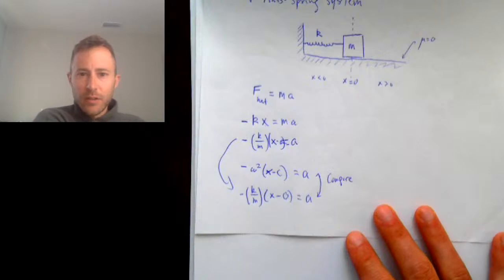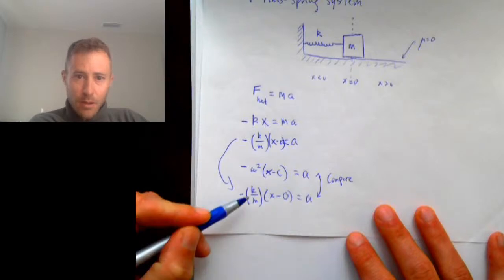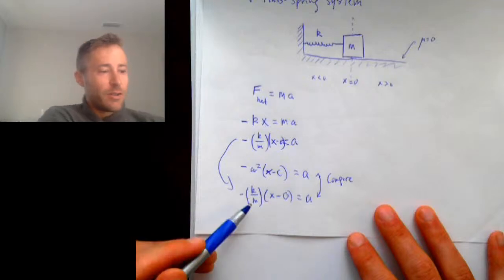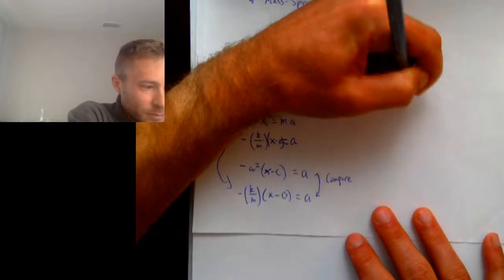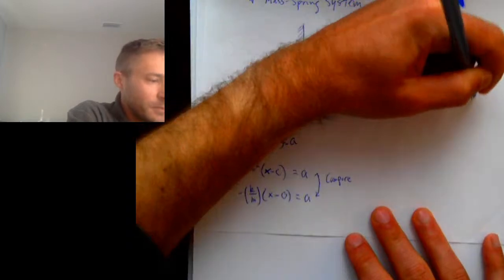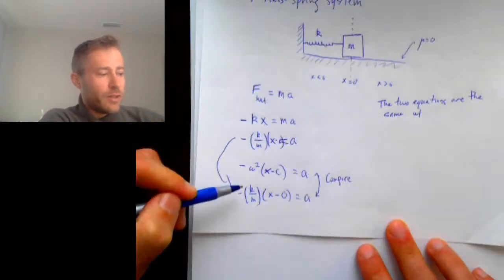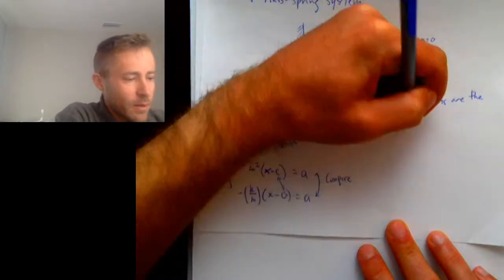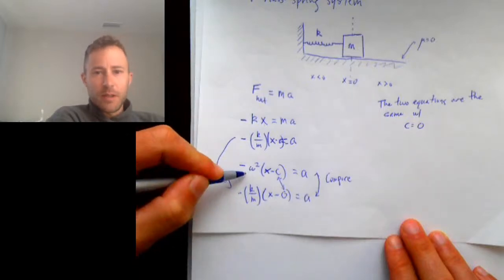So by comparing the equation for the mass spring system with the defining equation of simple harmonic motion, I can see that the two equations are the same, so we can see that c equals 0. Okay. And then I can see that omega squared is k over m.